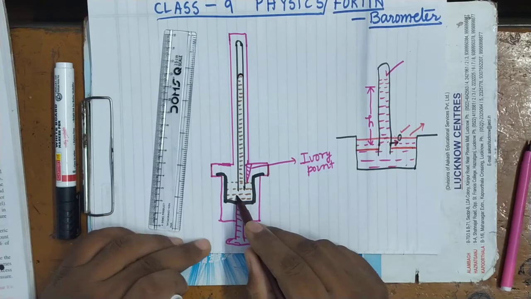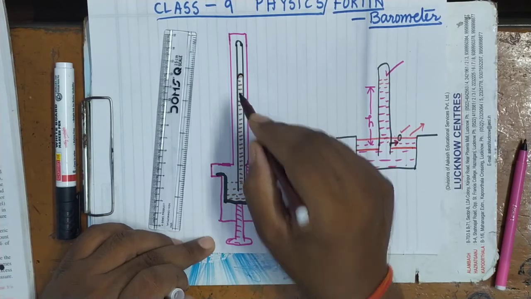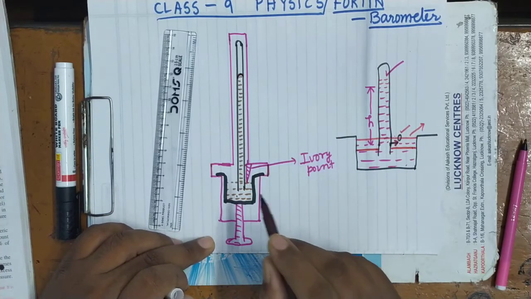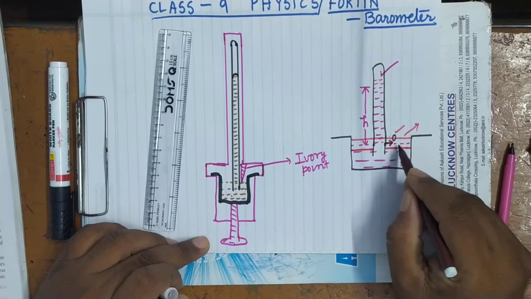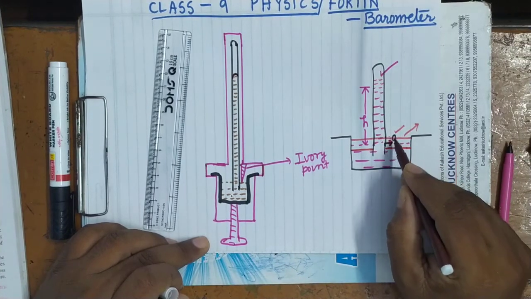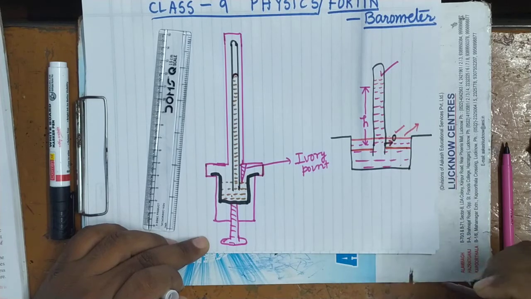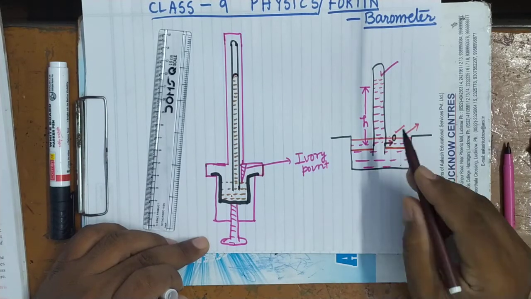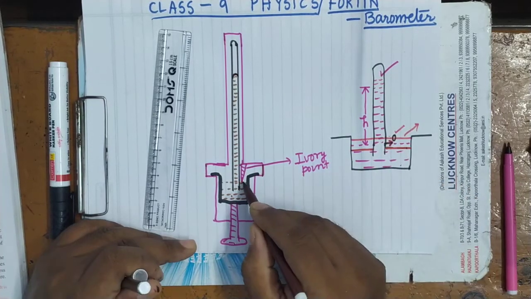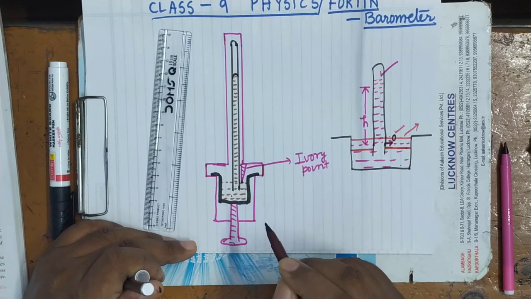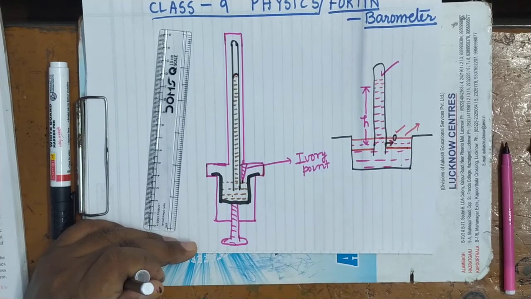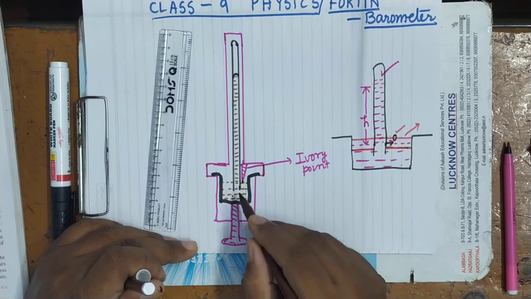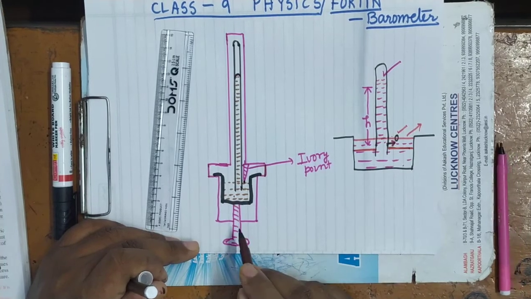Mercury will flow from this trough to the tube. When mercury will flow from trough to the tube, what will happen? The mercury level will come down in the trough. So once again you can coincide, zero level means the tip of this ivory point is zero. When the mercury level will descend, what will you do?